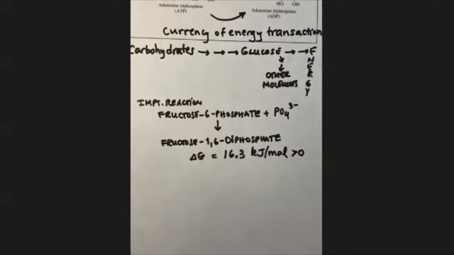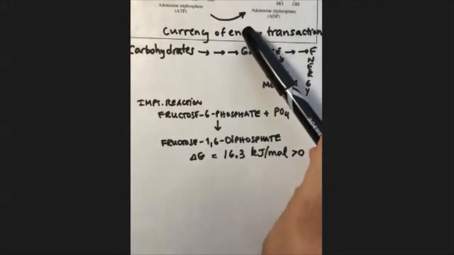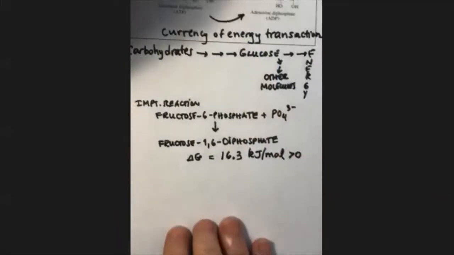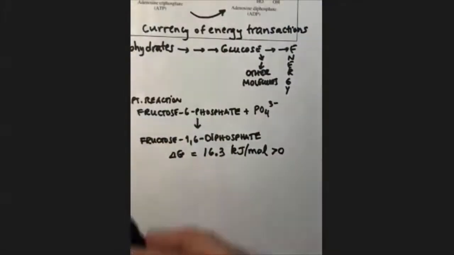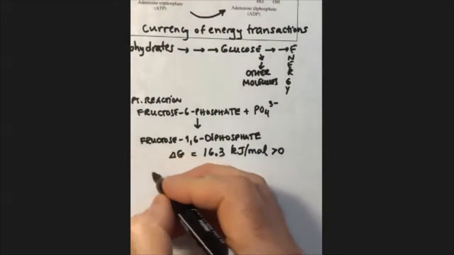It is non-spontaneous. But what the enzyme does is it takes this reaction and it couples it with this transaction here where ATP and ADP are converted between each other.